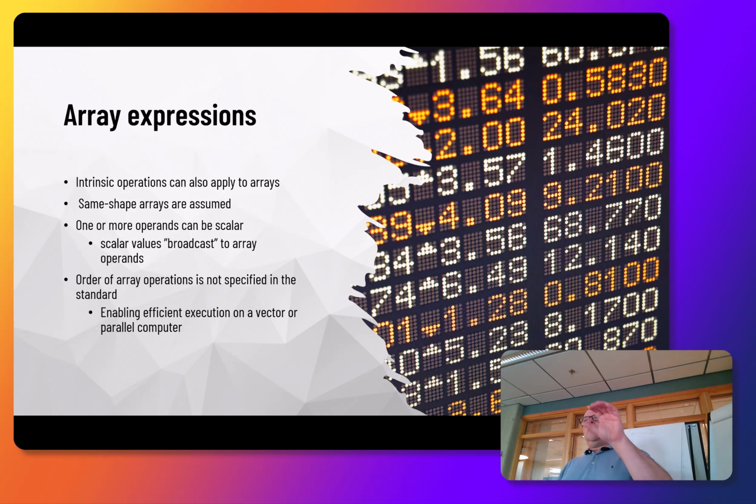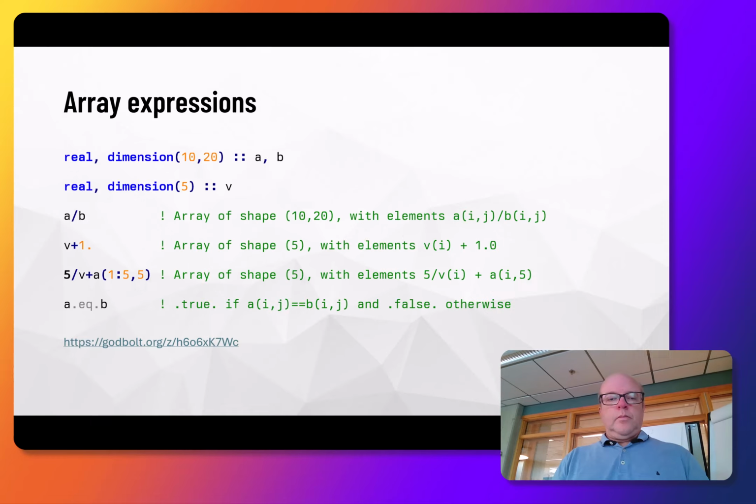If you have an expression with an array and a scalar, that scalar will be added to all of the elements in the array. And the order of operation is not specified by the standard. That means that compiler optimizations can affect the performance of these array expressions.